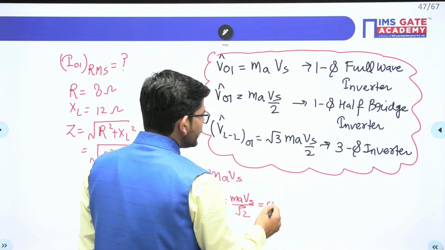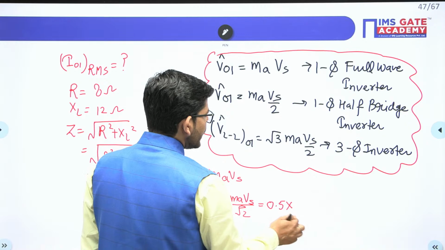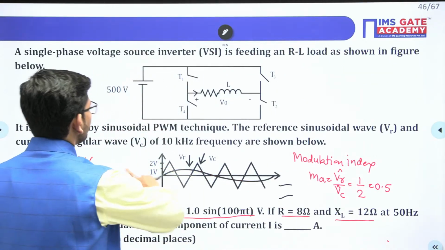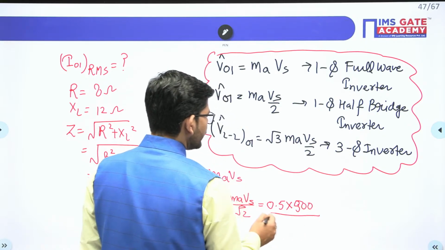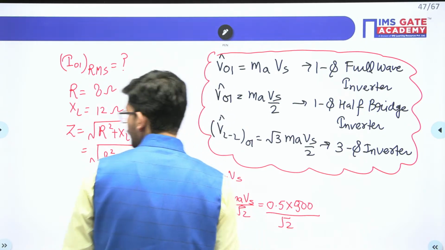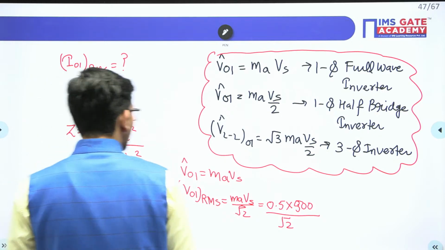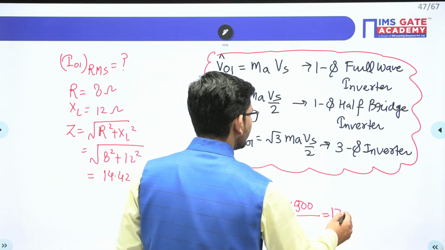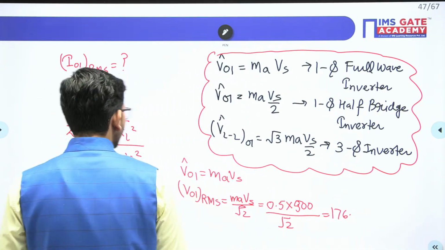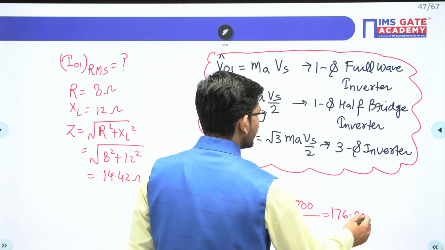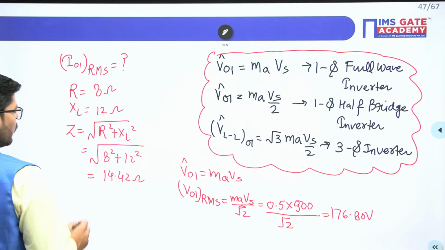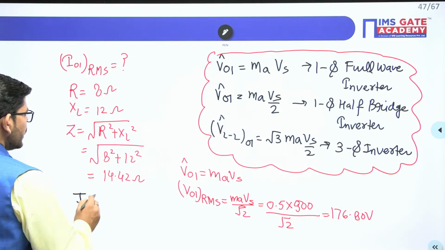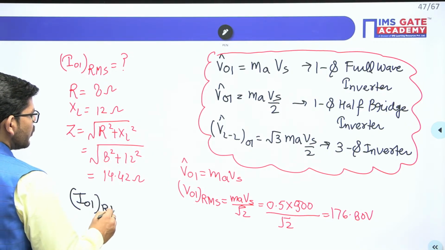So MA is given to us, that is 0.5, and what is Vs, guys? Vs is 500. So 0.5 times 500 divided by root 2 will be the output voltage, and this comes out to be 176.80 volt. Now, we have to calculate the RMS fundamental component of current.